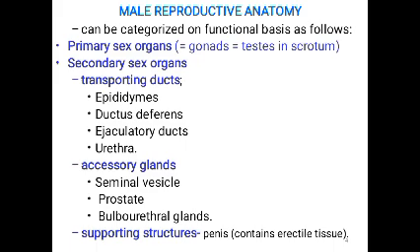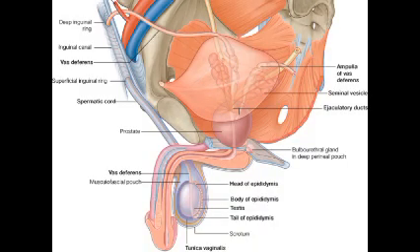Accessory glands: seminal vesicle, prostate, bulbourethral glands. Supporting structures: penis. It contains erectile tissue. The diagram looks like this.